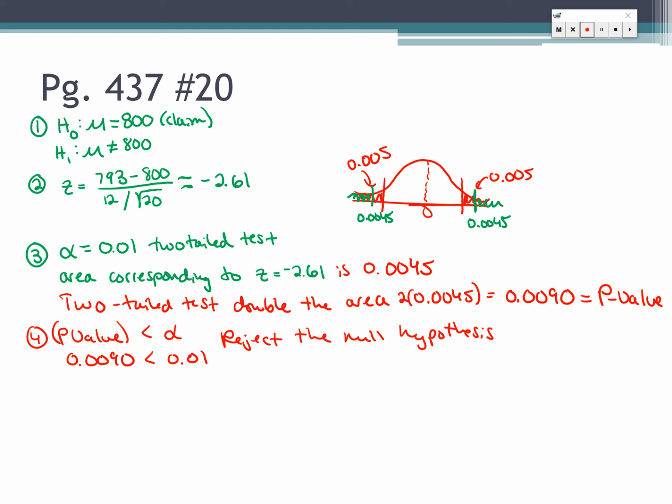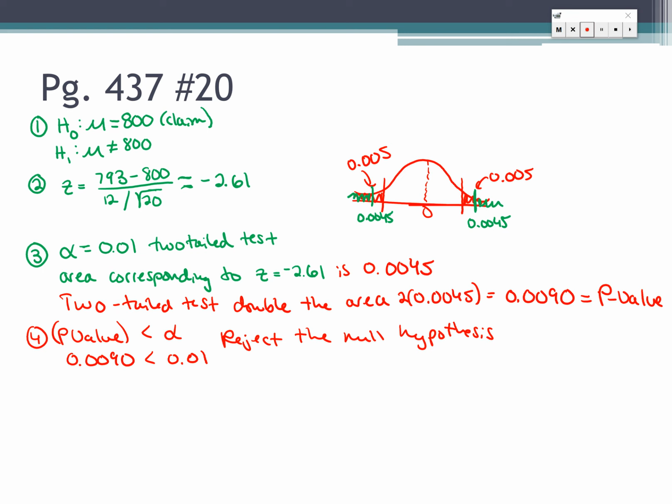So those areas for our p-value, if we want to make it visual, we have to resplit it amongst the two tails. That p-value, that area, falls in our rejection region. 0.0045 is smaller than 0.005, so that probability, that area, will fall in that shaded region.